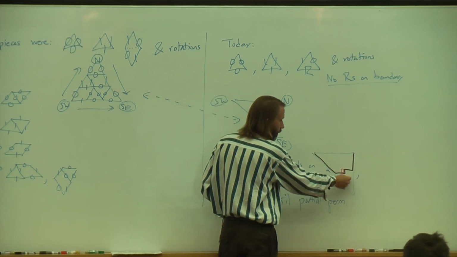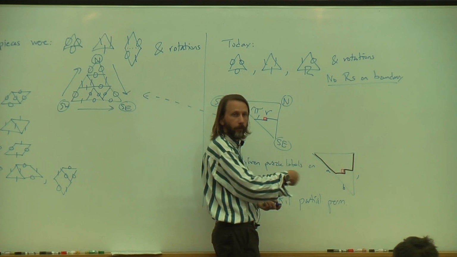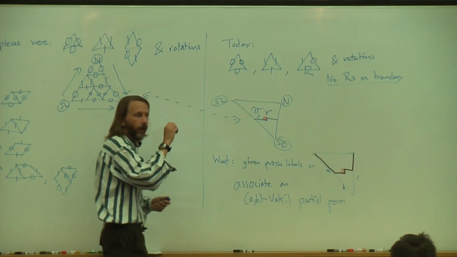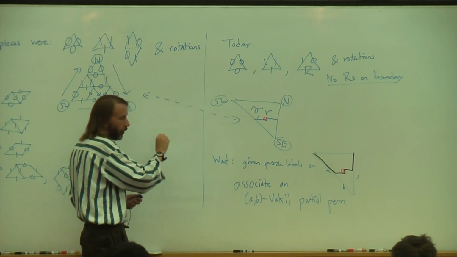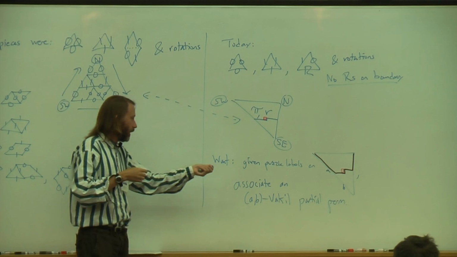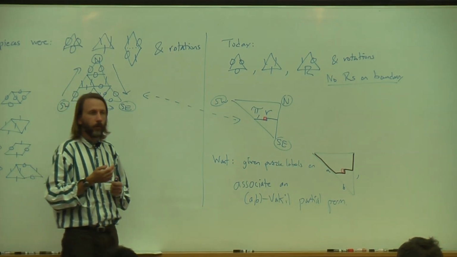And you could say that I should have puzzle pieces down here, but I'm actually not going to use them to define this. I'm only going to care about what the labels are. So for each partially filled puzzle, or just labels on it, I'm going to associate a partial permutation, and therefore a subvariety of the Grassmannian.